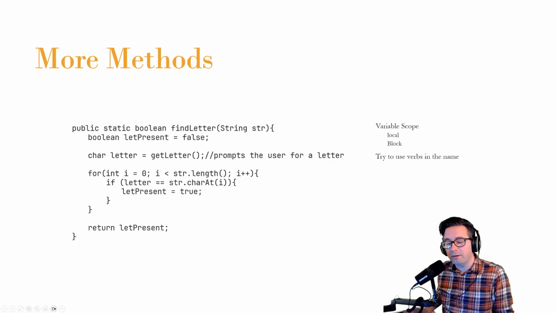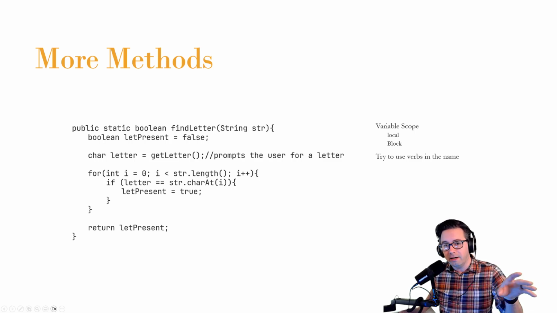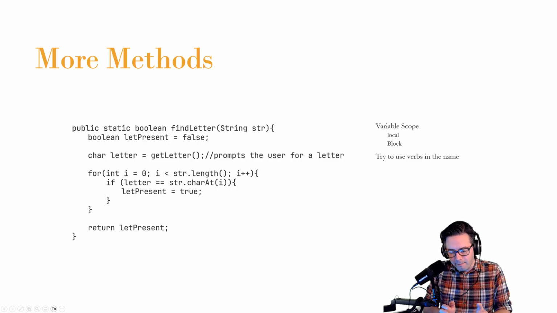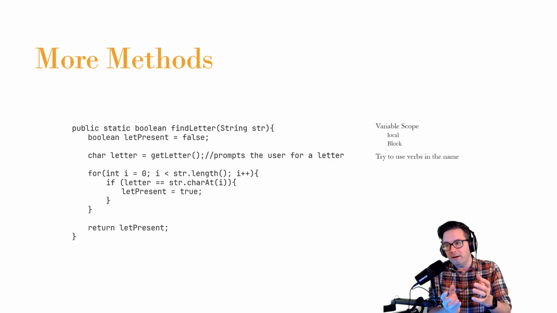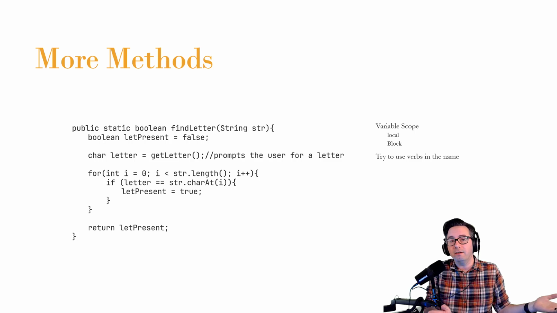Once it gets to the return letPresent, it's done and it forgets it. Imagine that in place of that method, it replaces it with that value, and once it moves on, it doesn't remember what letPresent is.